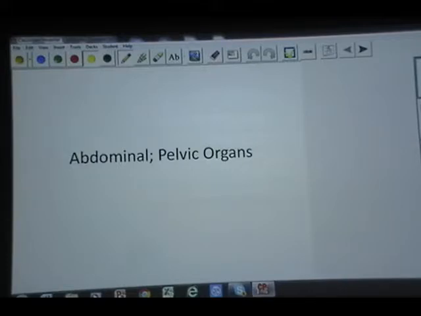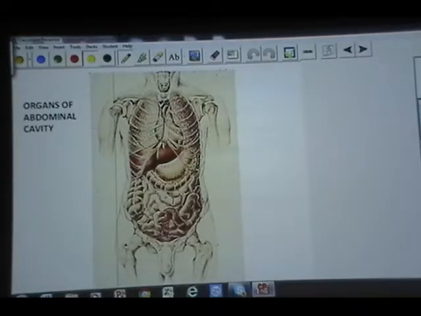So if we look at this here, I hit the screen instead of my computer. So here we see kind of an overview of the organs of the abdominal cavity, and we see up here the costal arch, and wherever the costal arch is, on the inside of this is diaphragm, okay?